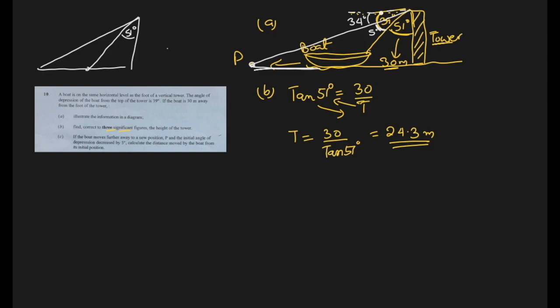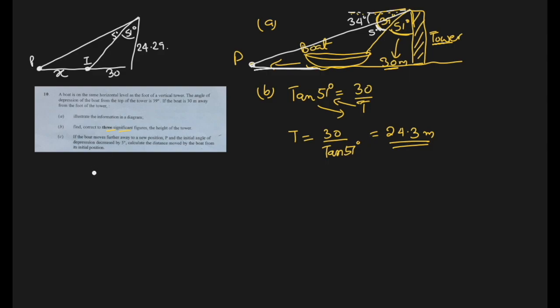They said the angle of depression goes down by 5 degrees, so this is 5 degrees. This is 30, this is 24.29 we got. So everything is with us. Let's call this x, the distance they're asking. What is the distance between the new position P and the initial position?